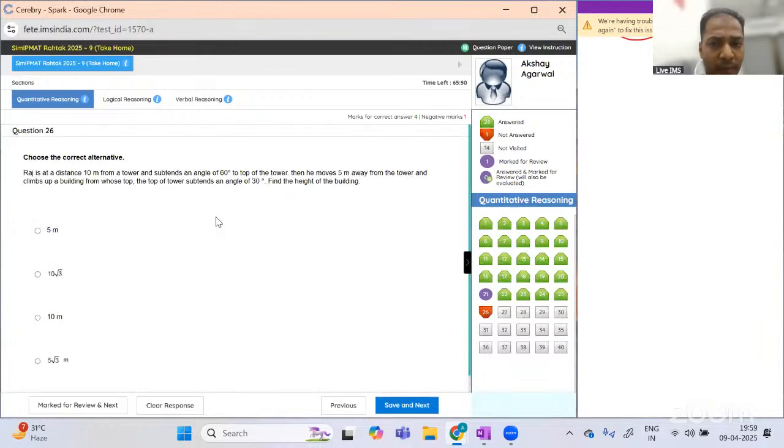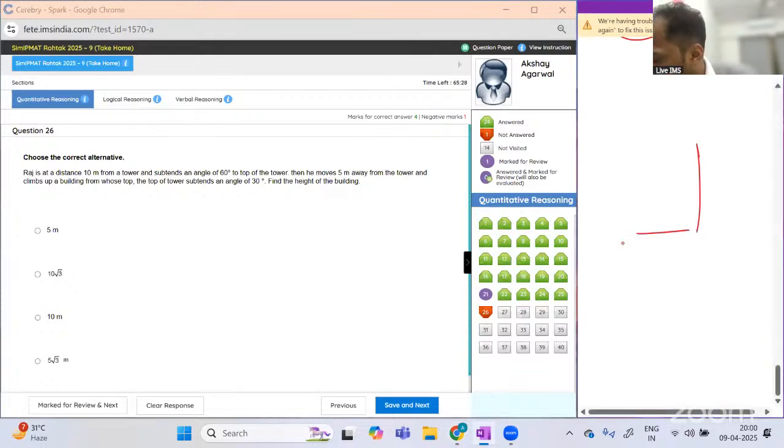Raj is at a distance of 10 meters from a tower and subtends an angle of 60 degrees to the top of the tower.